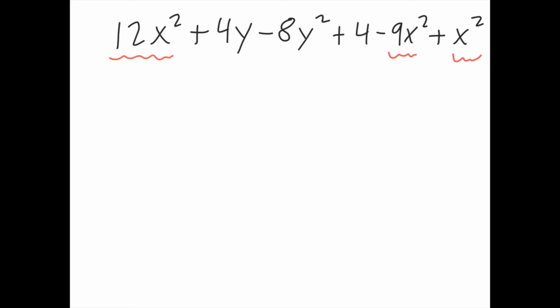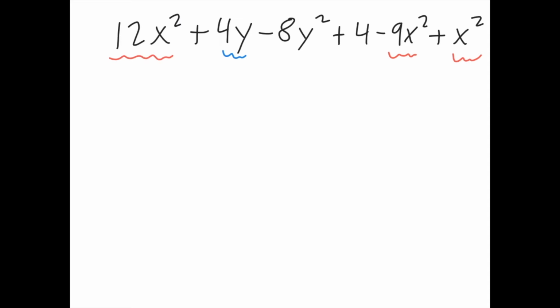Then let's look at y. So we have 4y here, and then we have to find something else with just a y in it. This right here has a y, but it's a y squared, so that's different. This is a 4, just a 4, no y, so we can't combine anything else here. So 4y just stays 4y.